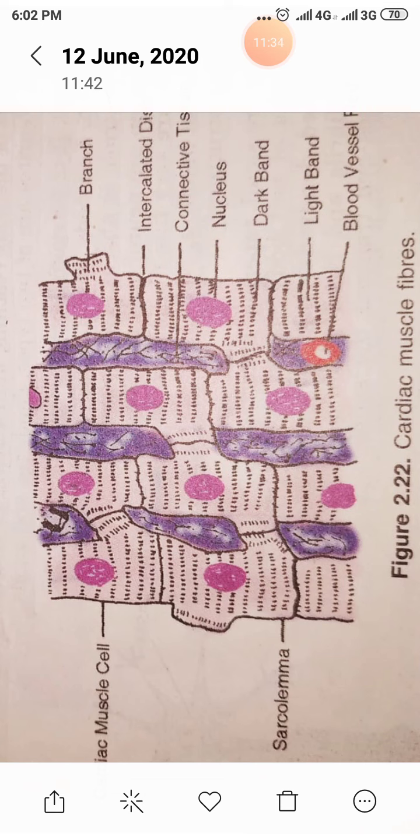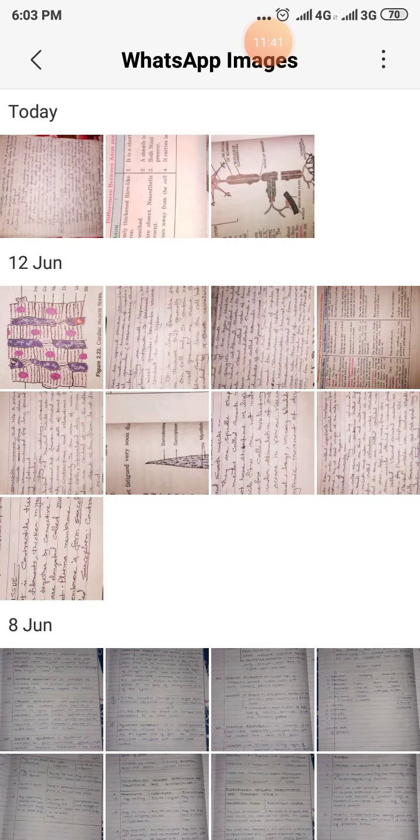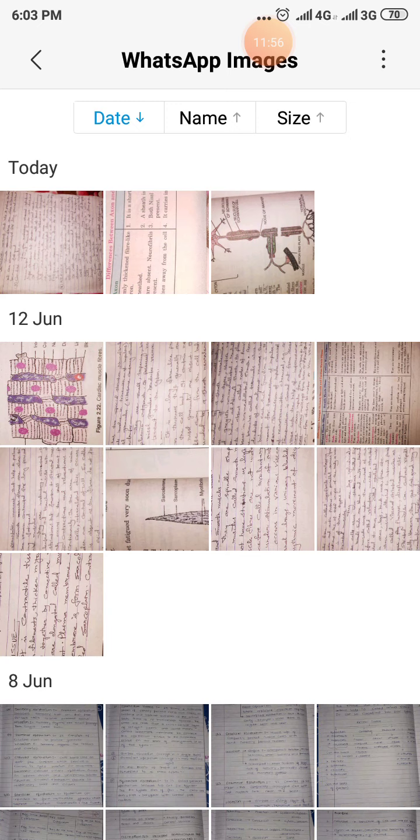Now we come to nervous tissue. The tissue specialized in reception, integration, and transmission of stimuli or impulses to various organs is called nervous tissue.